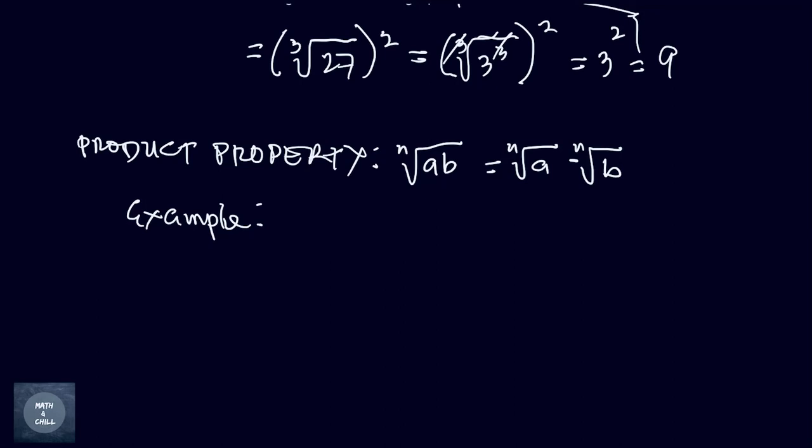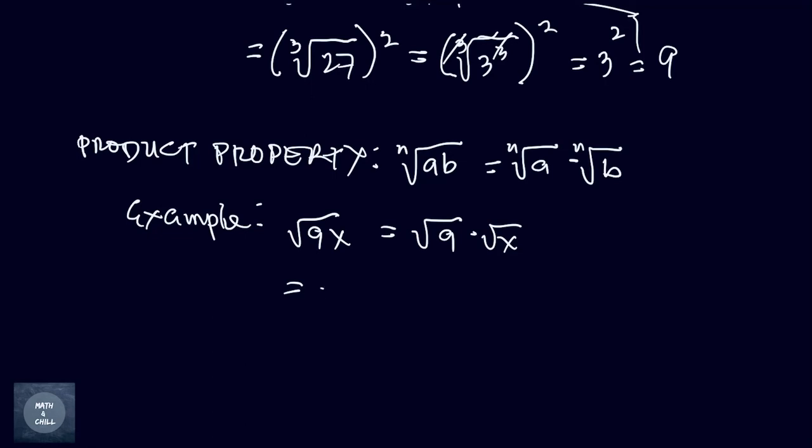naka-expression na the square root of 9x. So kana siya, base sa property niya, equal na siya sa the square root of 9 multiplied by the square root of x. Simplify, square root of 9, that is a perfect square.